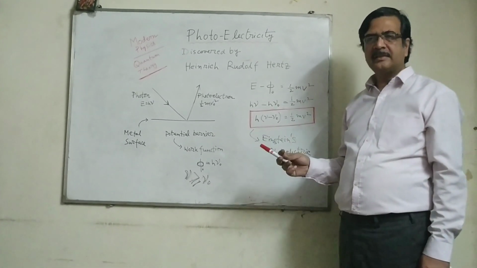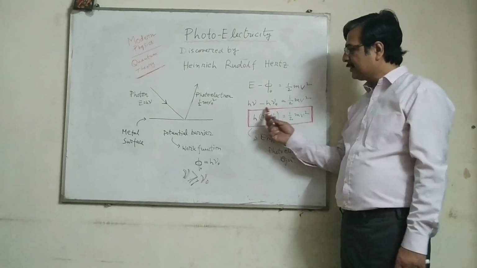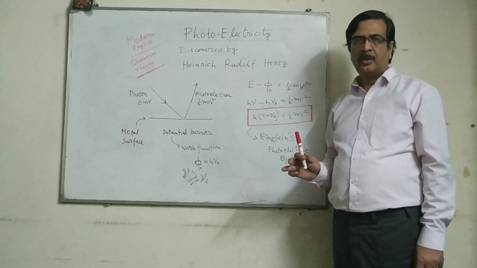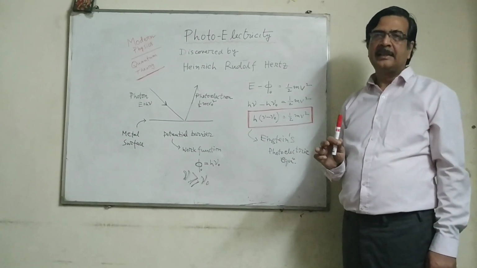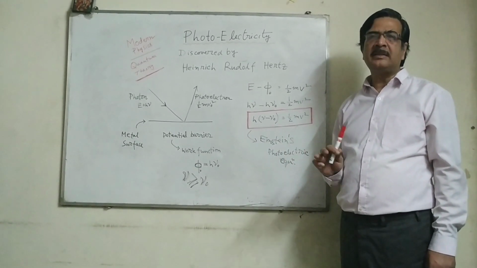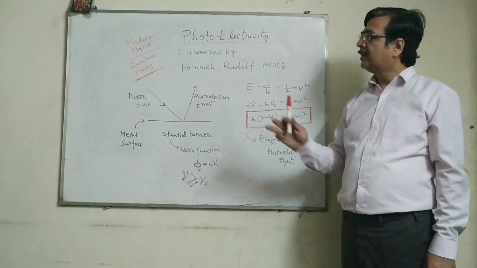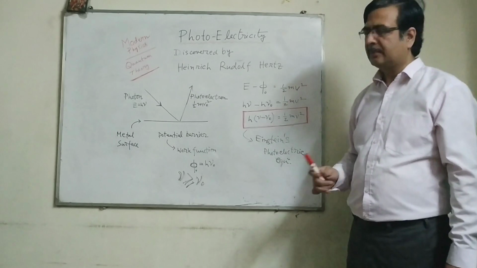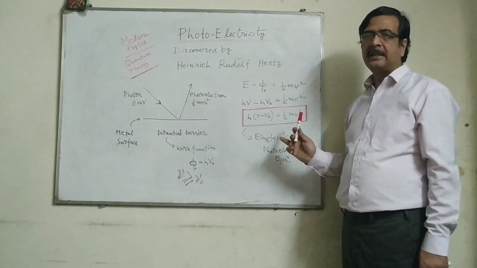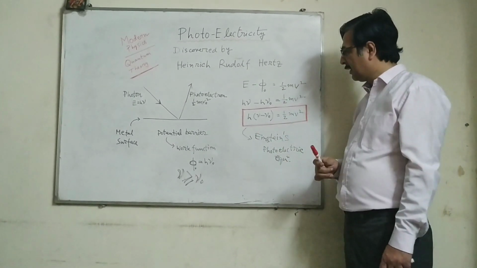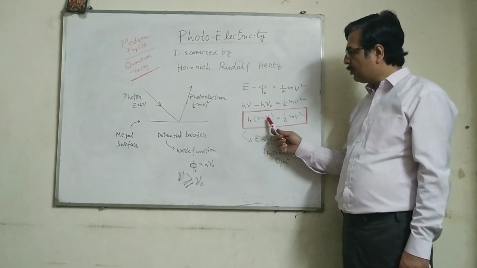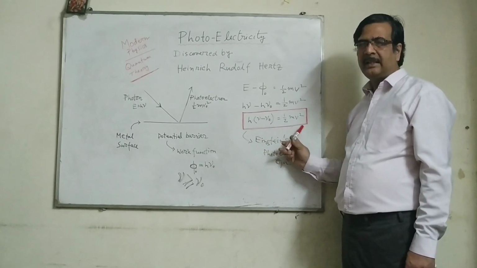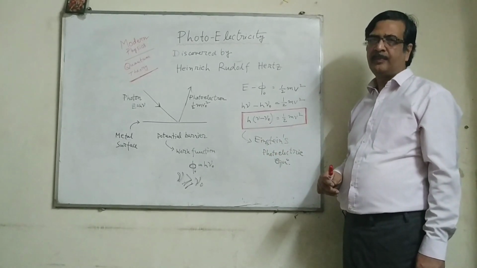Now I will discuss the importance of the photoelectric equation. From here there is no time function, so we can say that there is no appreciable time lag between the incidence of photons and the emission of photoelectrons. Next, if nu is greater than or equal to nu naught, then only photoemission is possible.